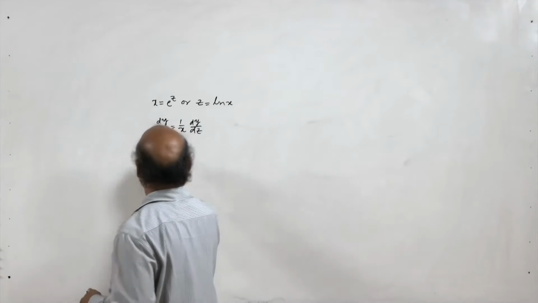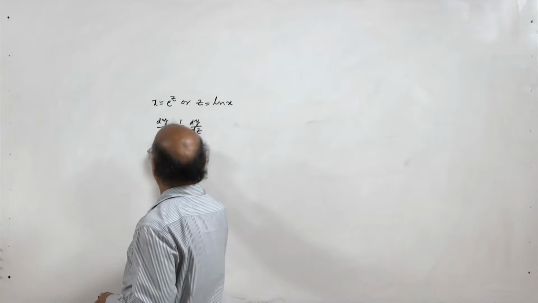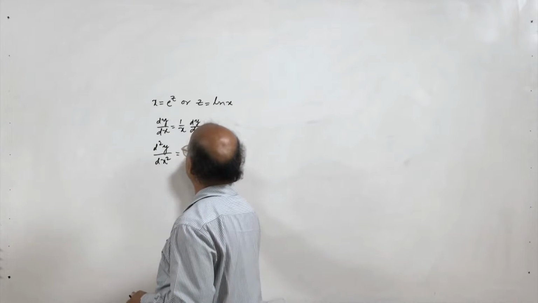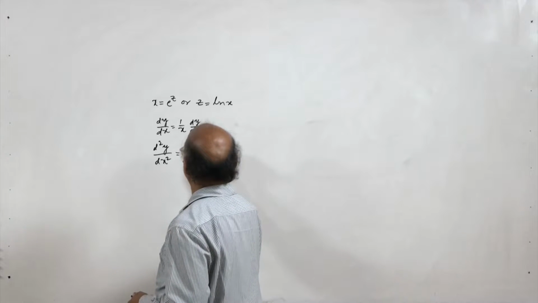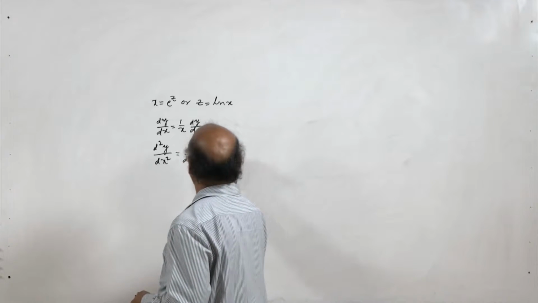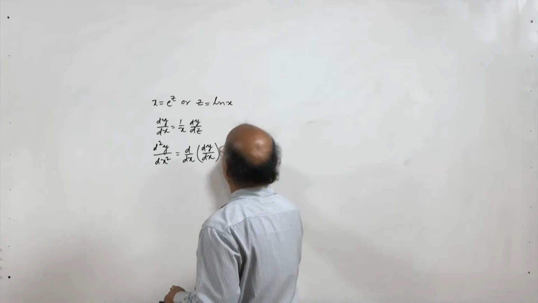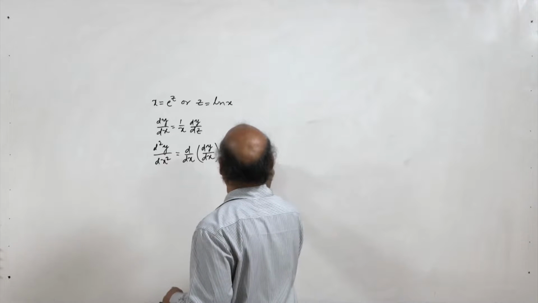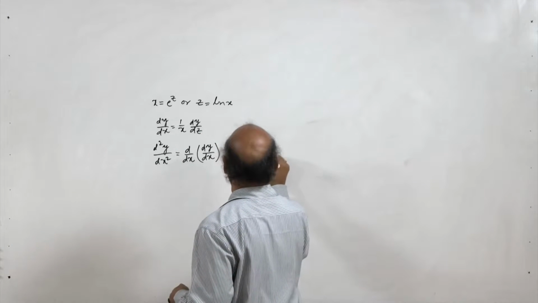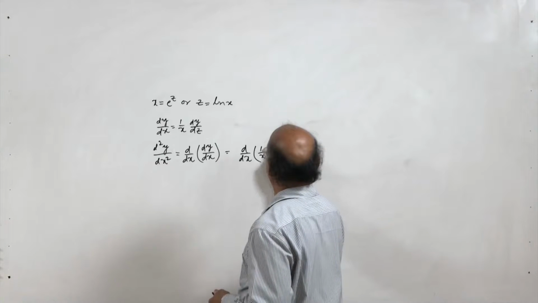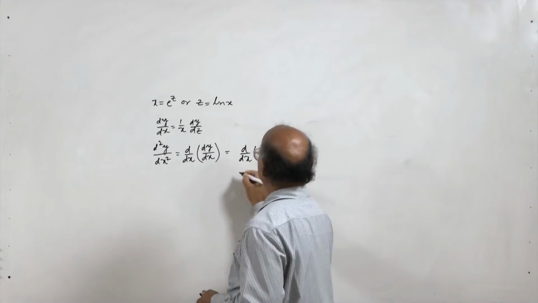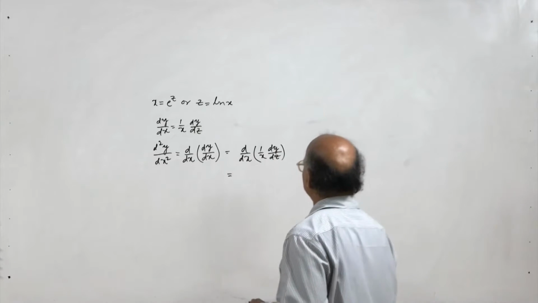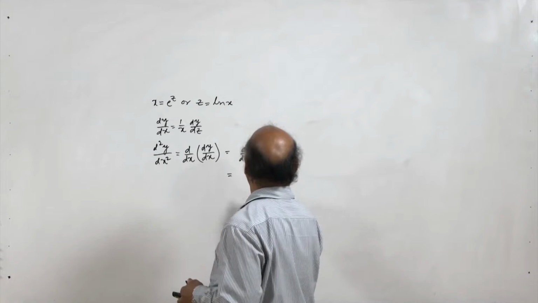d square y by dx square is nothing but the first derivative of dy by dx, and we can put dy by dx from here. So d over dx of 1 over x dy by dz. This is a product of two functions of x, so we can find the derivative of this product.